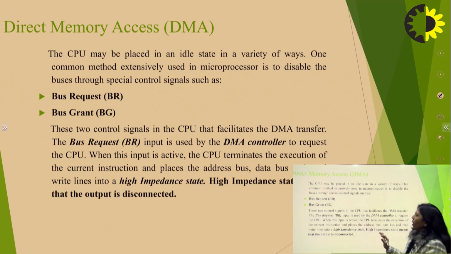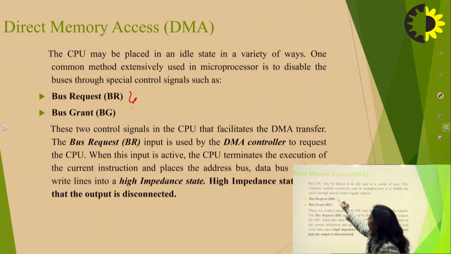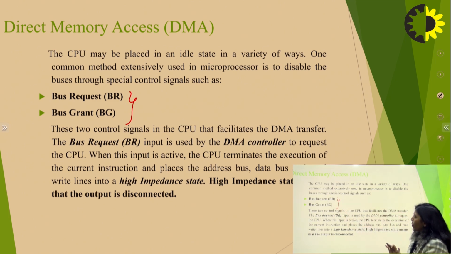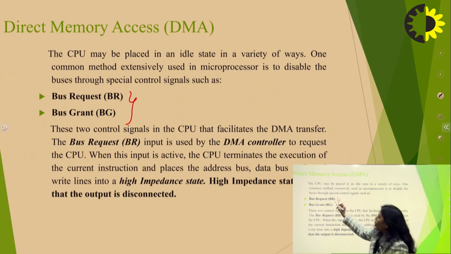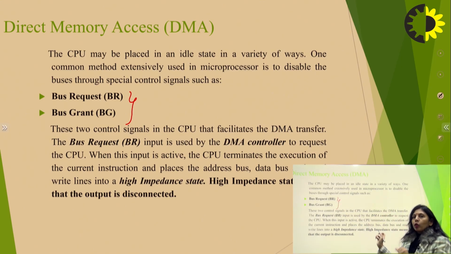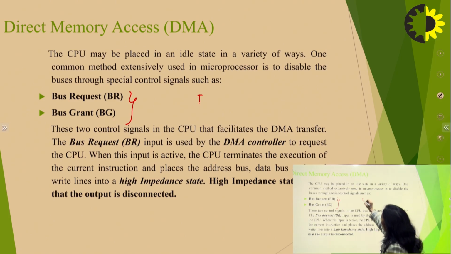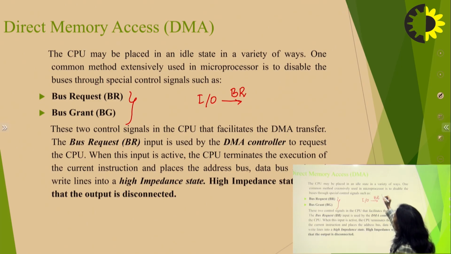This process is governed by two signals that are part of the control bus, that is the bus request signal and the bus grant signal. The CPU is placed idle whenever the bus request signal comes from the device to the DMA. Suppose this is the input-output device, it will send a DMA request to the DMA controller, and this DMA controller will send the bus request to the CPU.